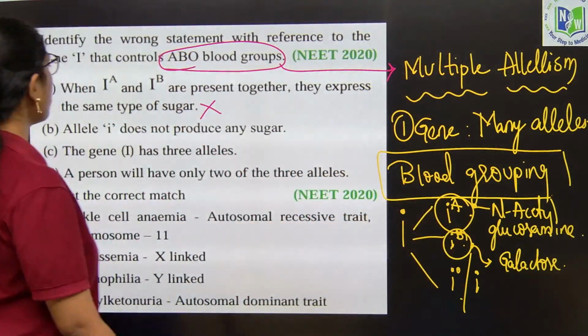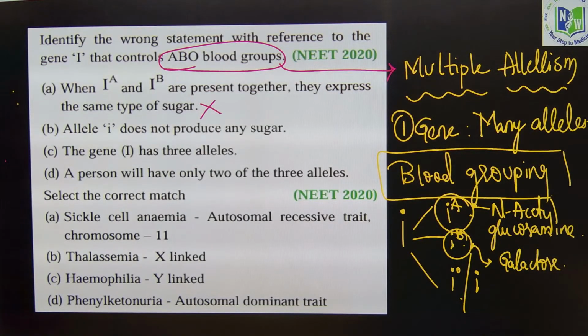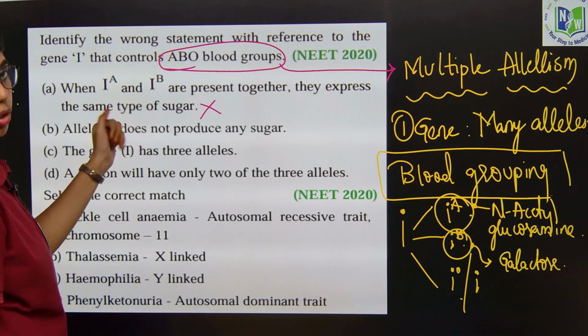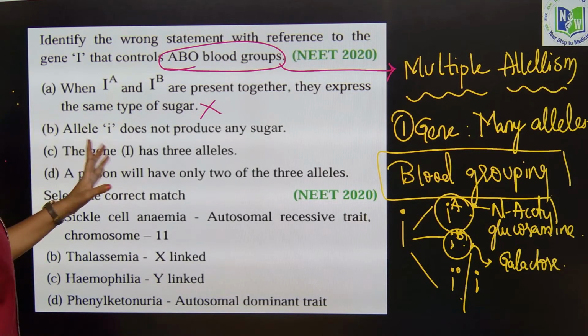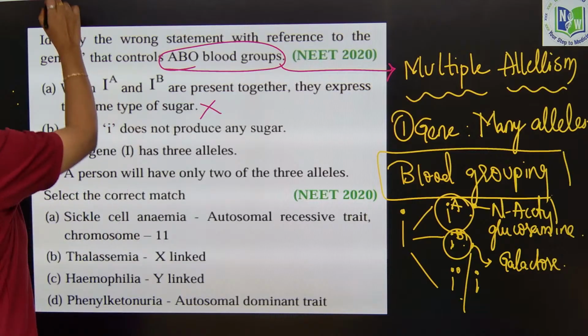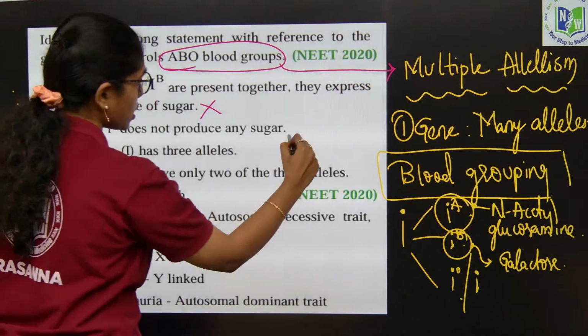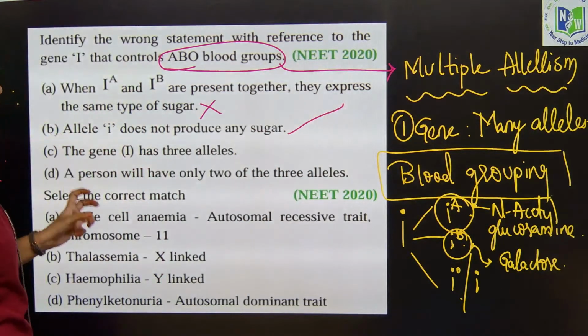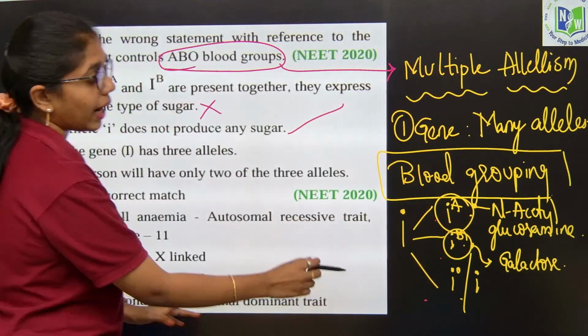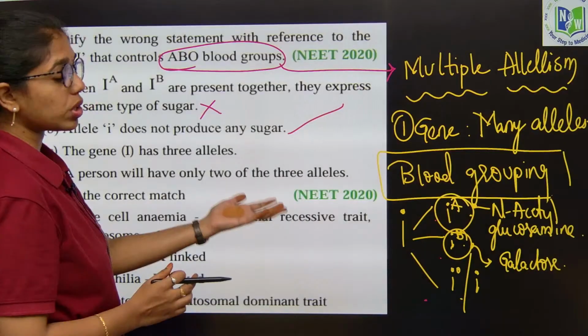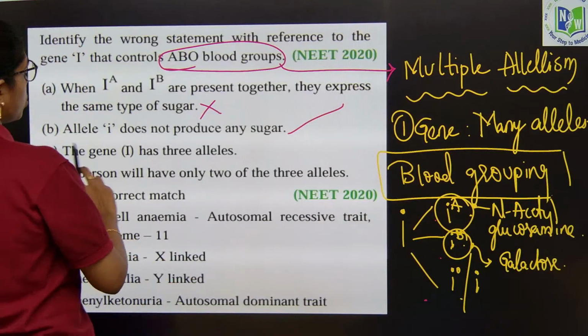So when IA and IB are present together, they express the same type of sugar is wrong; they express two different types of sugars. B, allele i does not produce any sugar, true. The gene I has three alleles, IA, IB and i, where i codes for O blood grouping, which does not have any antigen, true.